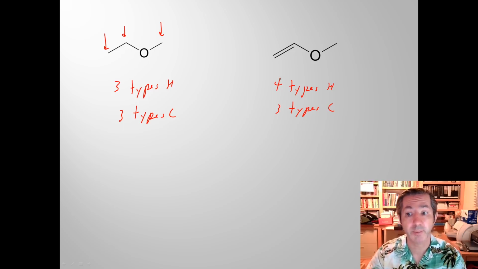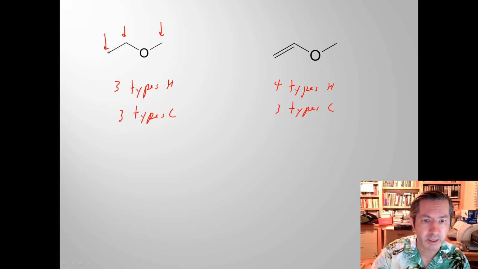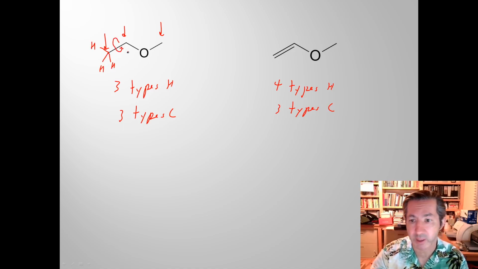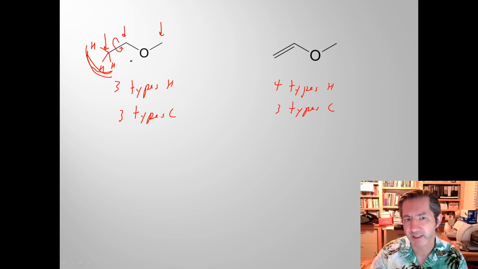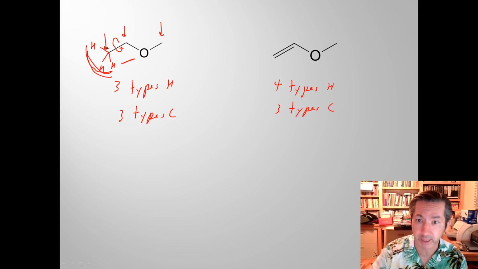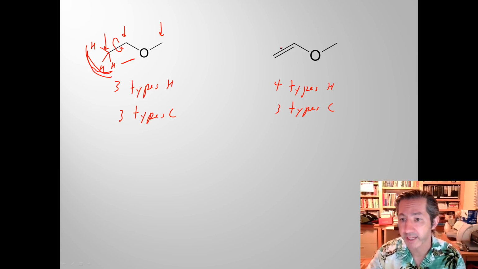Here's something interesting about alkenes. If we look at these hydrogens over here, you have free rotation about this bond. So these hydrogens all kind of experience the same environment. They're all about the same distance from that oxygen at some point because they're spinning around all the time. You don't have free rotation about a C-C double bond.